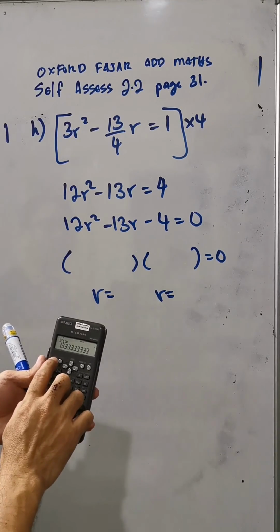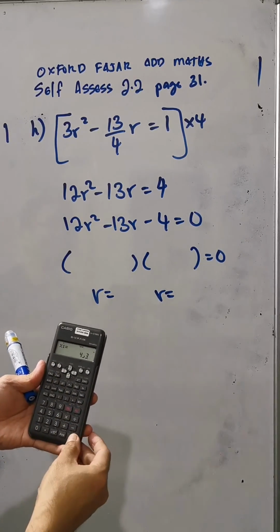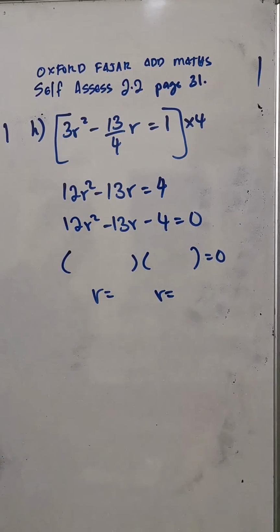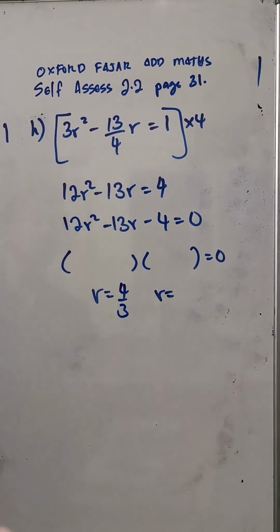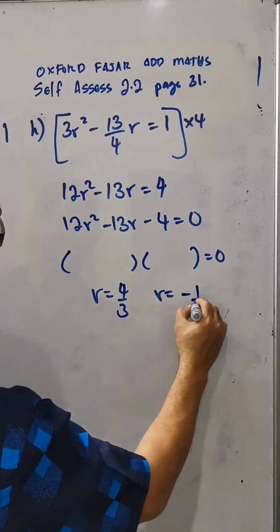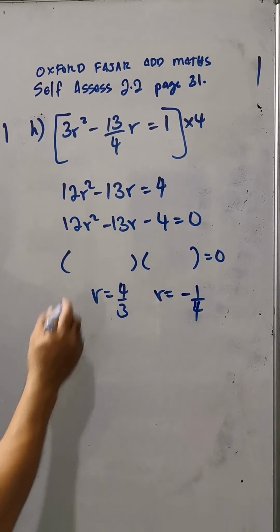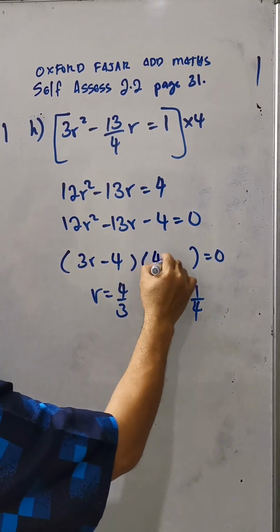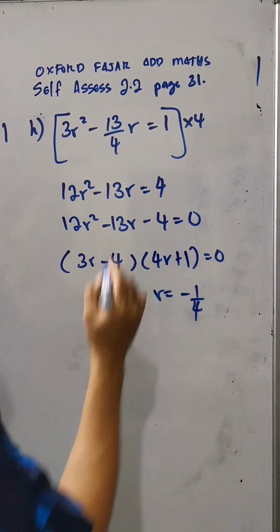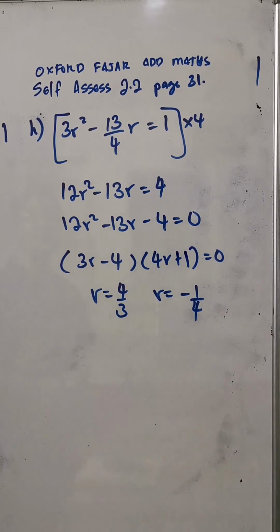So the first value will be 4 over 3, and the second value will be negative 1 over 4. And then this is 3R minus 4, and here is 4R plus 1. Okay, that's all for question number 1.